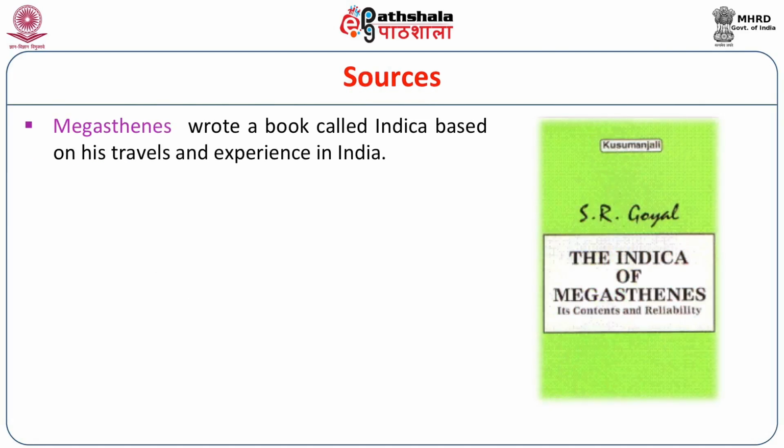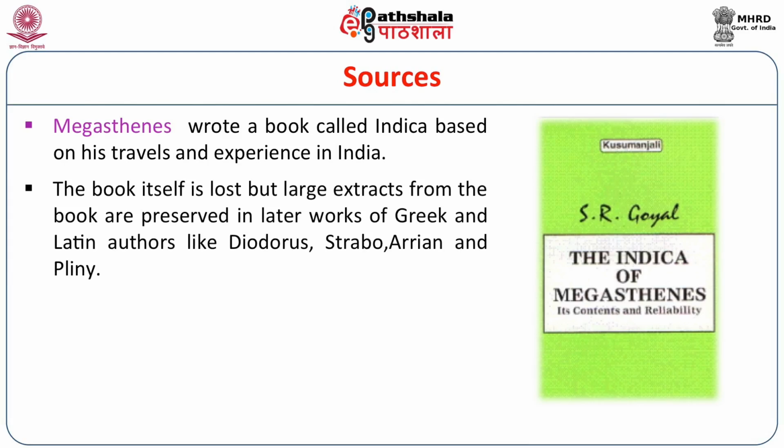Another very major source which can be pinned down to the Mauryan period is the Indica, written by the Greek envoy Megasthenes. The book itself is completely lost, but large extracts from the book are preserved in later works of Greek and Latin authors like Diodorus, Strabo, Arrian and Pliny, to name a few.